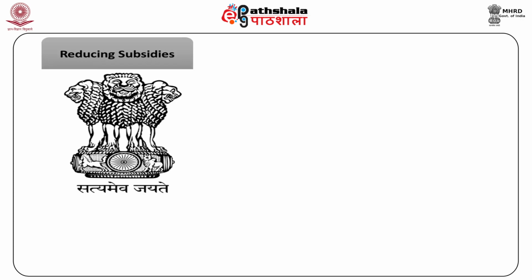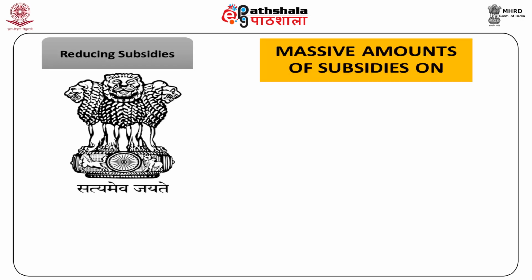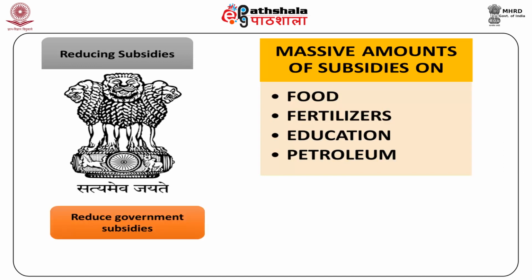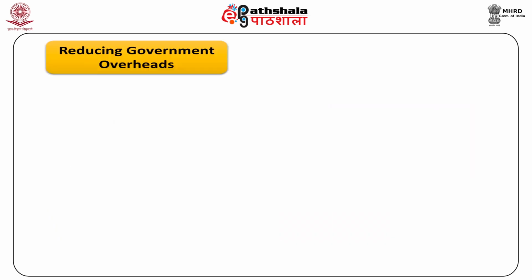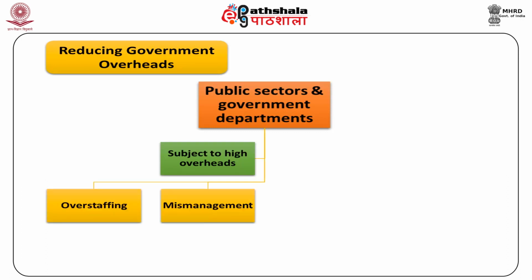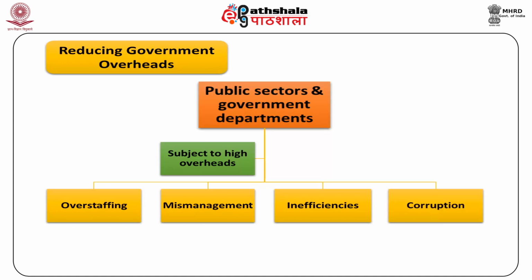Reducing subsidies. The government of India has been providing massive amounts of subsidies on a number of items such as food, fertilizers, education, petroleum. There is need to reduce government subsidies in order to keep a check on its expenditure. Reducing government overheads. The public sector and government departments are subject to high overheads due to overstaffing, mismanagement, inefficiencies, and corruption.